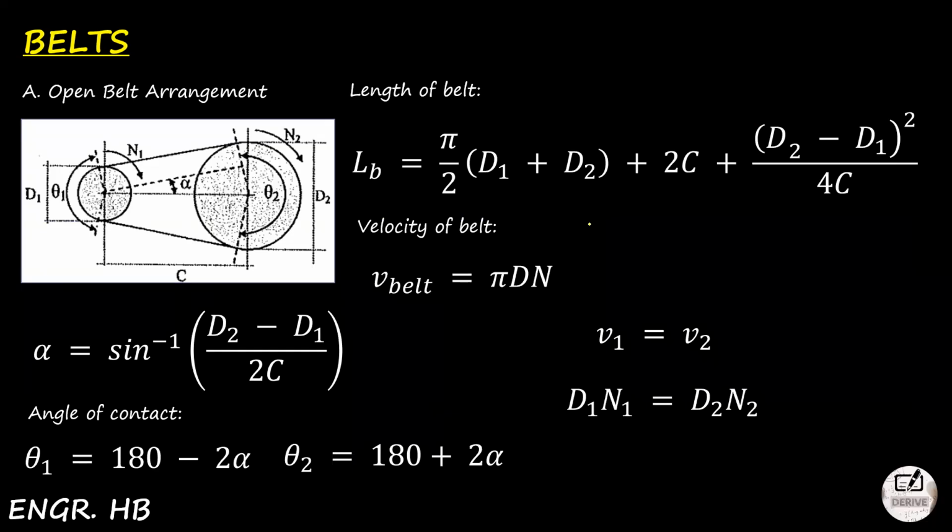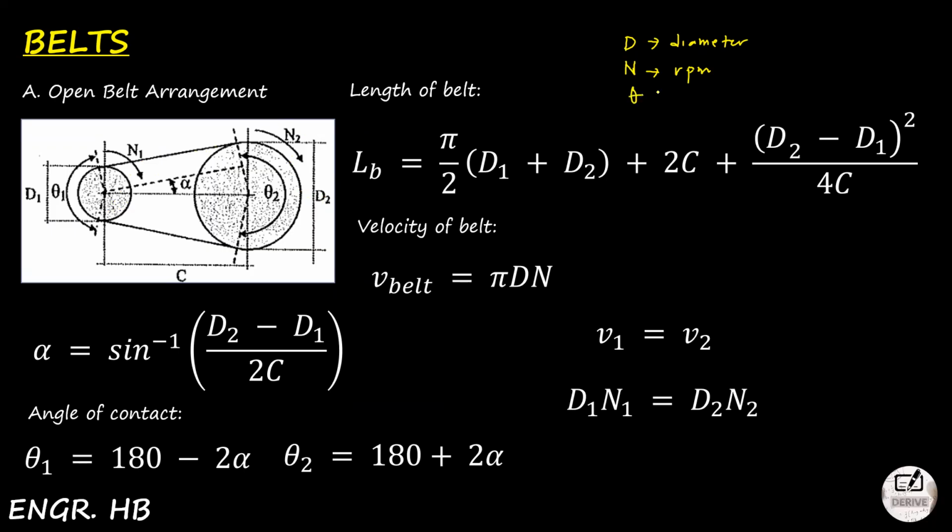So, of course, discuss natin mga formulas. First muna sa open belt arrangement. Yung bigay lang natin yung mga parameters na yan. Of course yung small d, nire-represent niyan yung diameter. Syempre yung maliit, sabihin na nating first pulley, at itong malaking bilog is the second pulley. And capital D represents of course the diameter, and N represents the RPM or the rotational speed of the pulley.